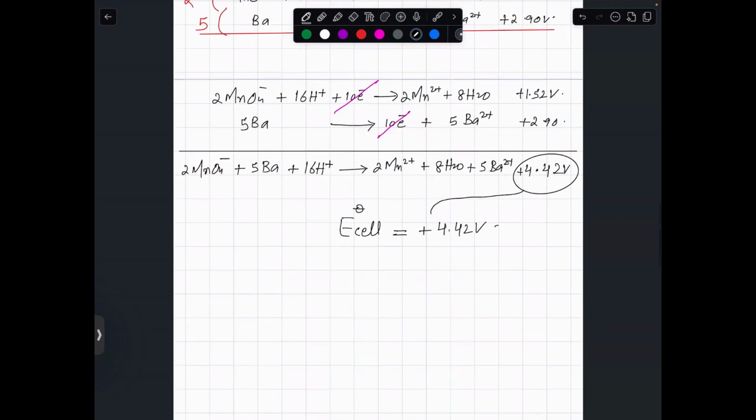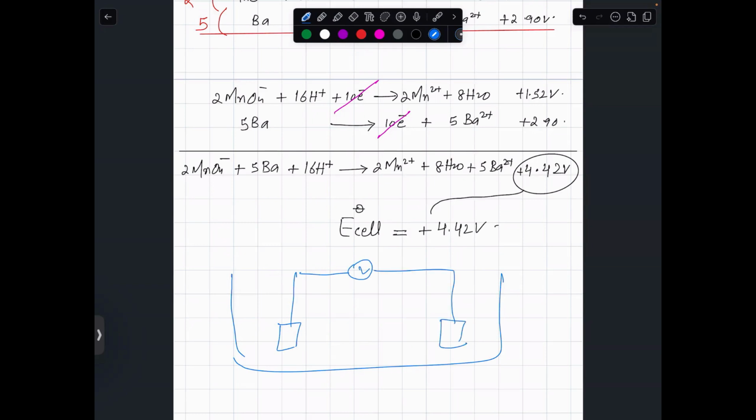If I make the cell out of this whole equation, like one electrode is of barium and the other electrode is of MnO4. If this is my whole cell, the potential difference is how much? This is the E cell. How will you define the E cell?